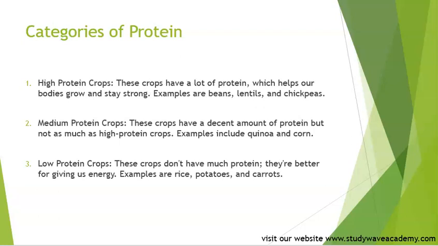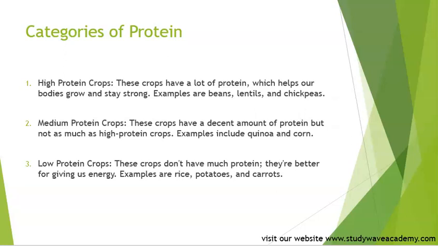We have high protein crops, medium protein crops, and low protein crops. High protein crops. These crops have a lot of protein, which helps our bodies grow and stay strong. Examples we have are beans, lentils, and chickpeas. Then medium protein crops.